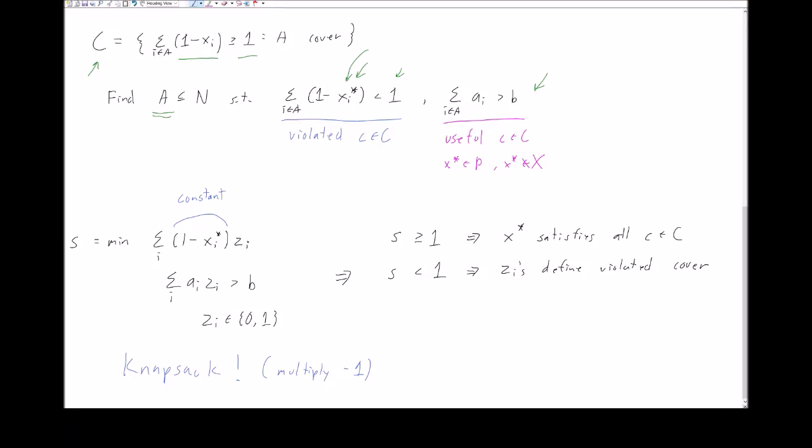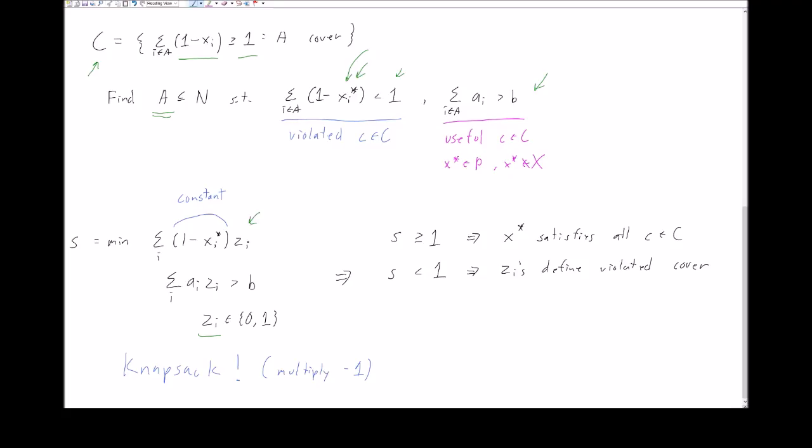To find the violated constraint, we're going to introduce a knapsack problem. The variable in this knapsack problem is going to be Zi. It's going to be a 0,1 variable. A 1 indicates that the index i is going to be in our cover, and a 0 indicates that the i is not going to be in our cover. The objective function of our knapsack problem is going to be the sum over all i of 1 minus xi star.